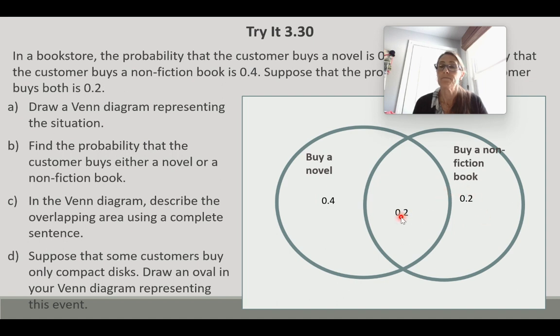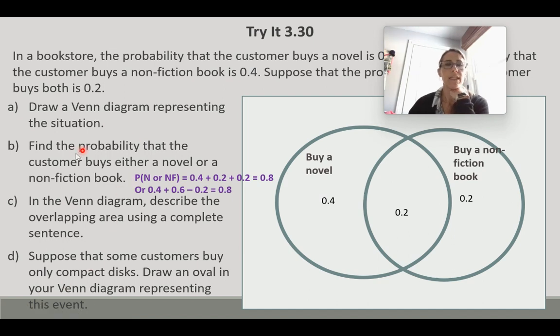So 0.4 minus the overlap, the 0.2, gives us 0.2. So this is the buys a nonfiction book only, buys a novel only. So that's something to think about as well. So there's the and, they buy both, and then there's the buys only one or the other.